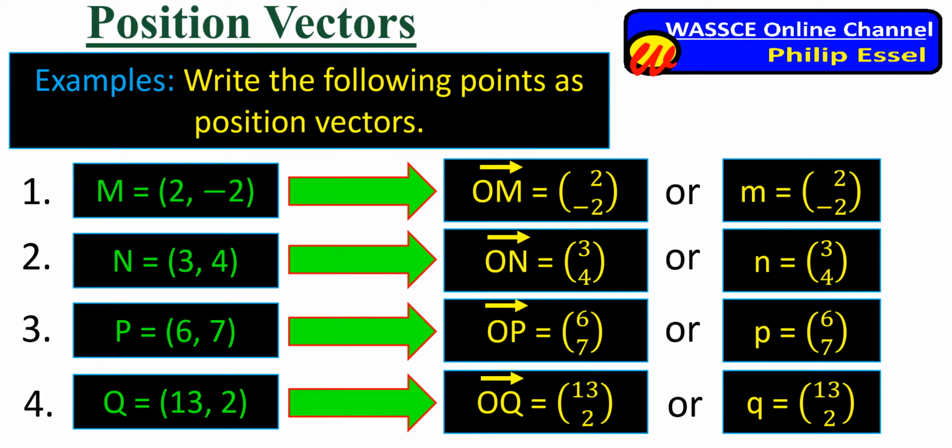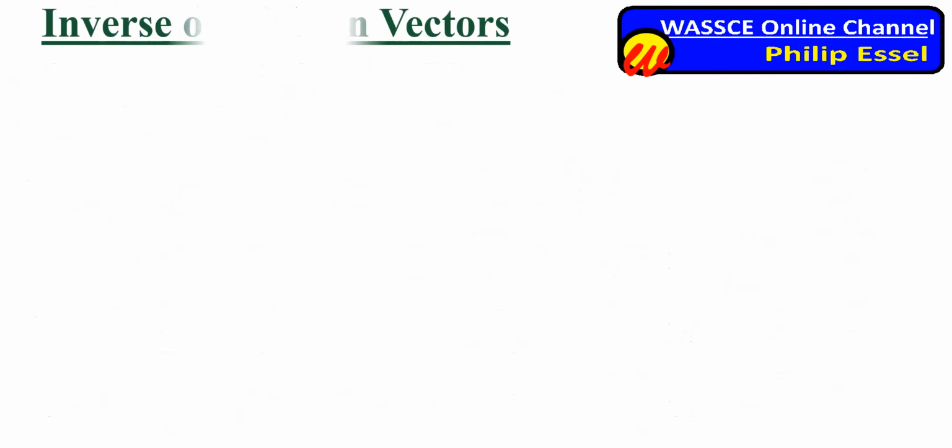Let's look at the inverse of position vectors. In part 5 of bearings and vectors, we looked at inverse of vectors. And I remember very well that we use the word opposite as a synonym of the inverse of vectors.